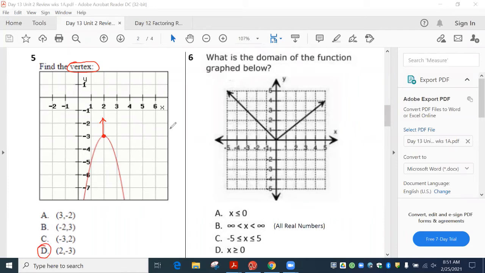Now, had you done the X and the Y at the same time and saw 2 and -3, I can't tell you how many kids choose that as their answer right there. So we want to make sure that we don't get distracted.